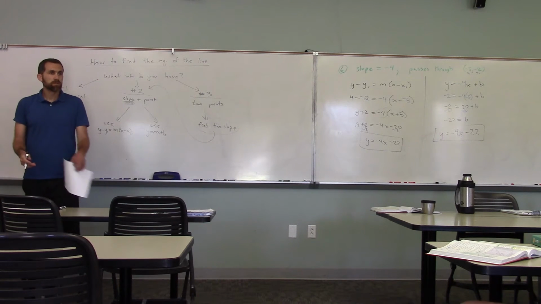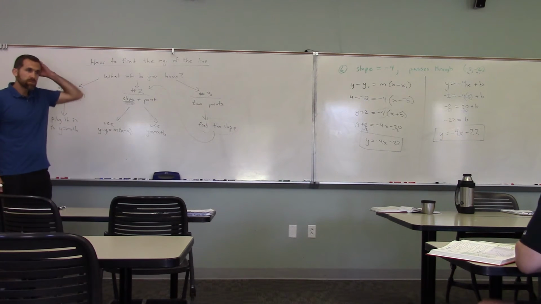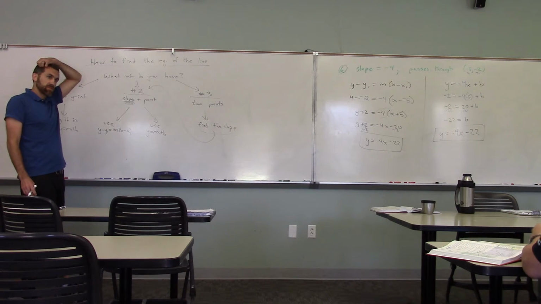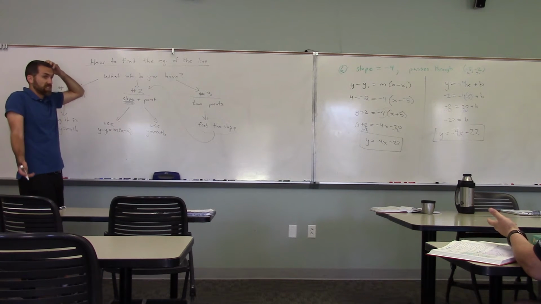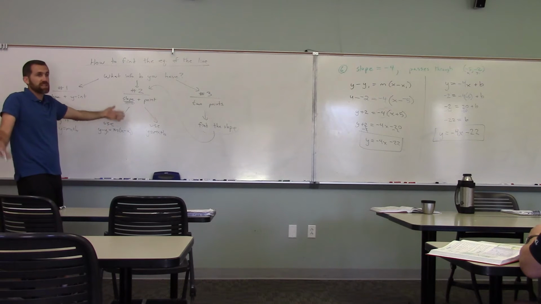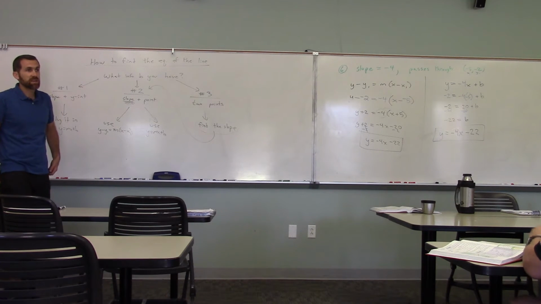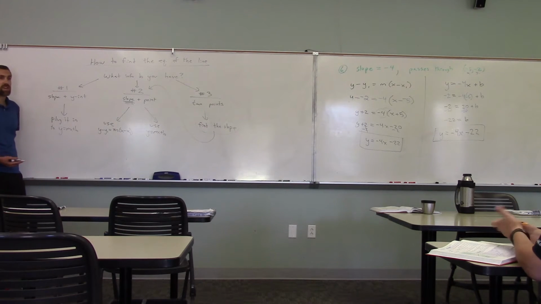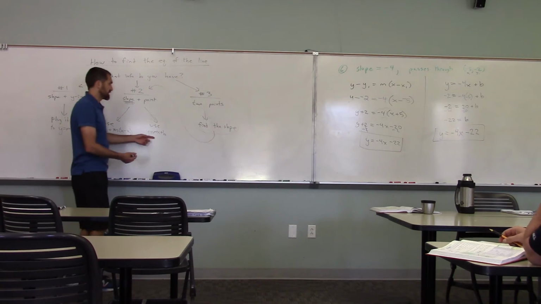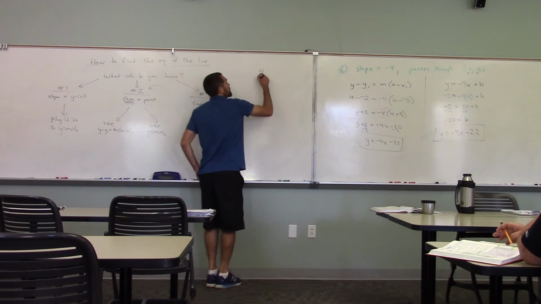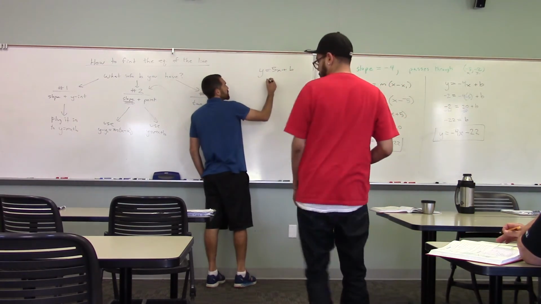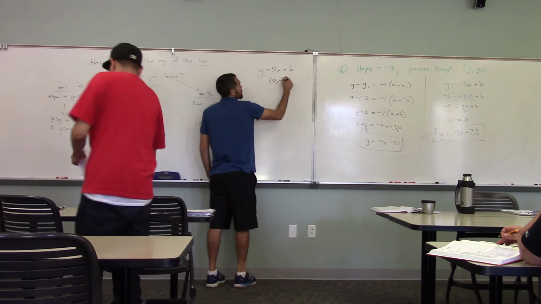Say you're given two points, and one of your points is (0, -3). Then you already have a y-intercept, if you realize that. If not, you do it this way and get there anyway. Let's say you have y equals 5x plus b, and I'm just going to plug in my point (0, -3).